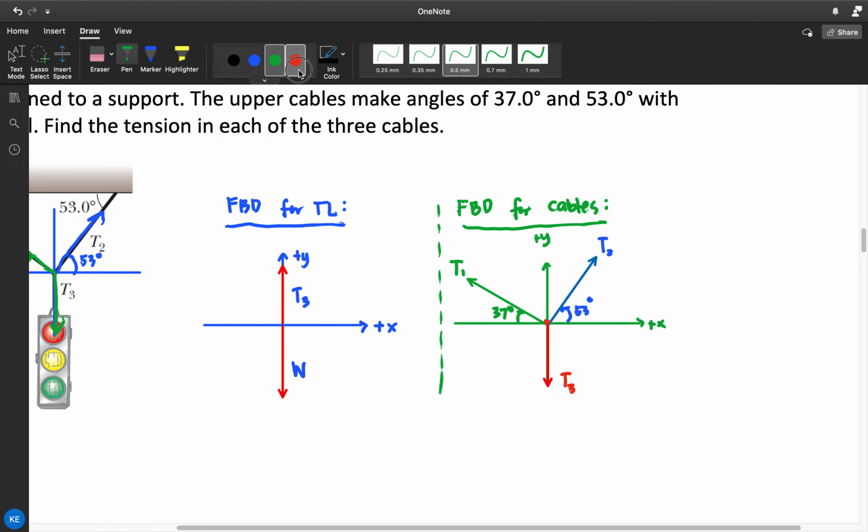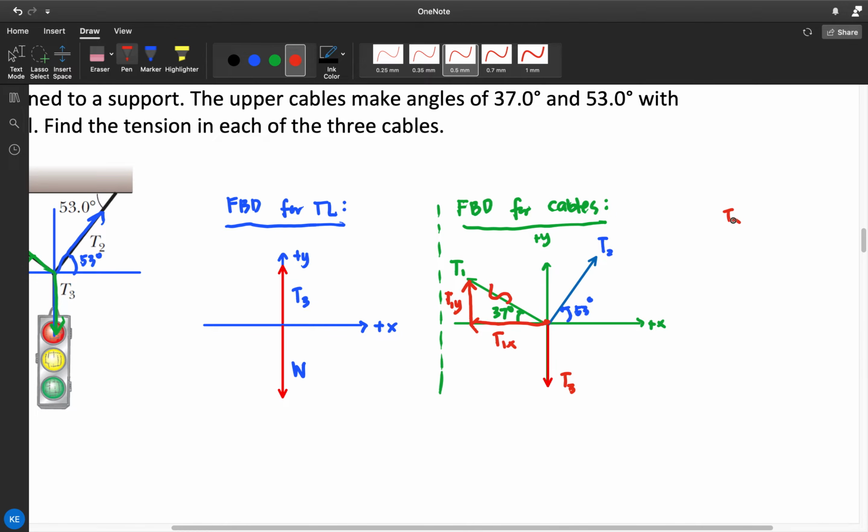When using the component method, all we have to do is enclose it in a triangle, with angle 37, and then here, this will be your T1x, and upward is your T1y.